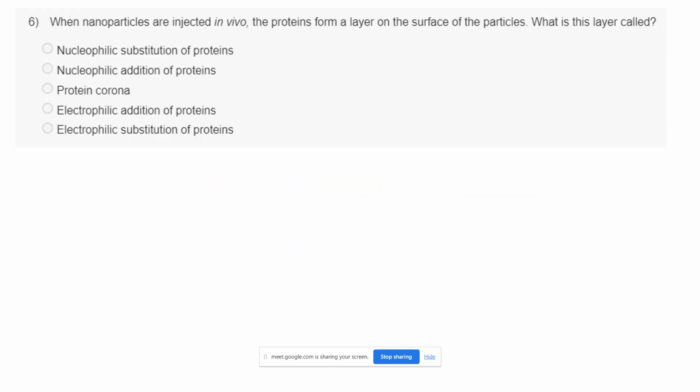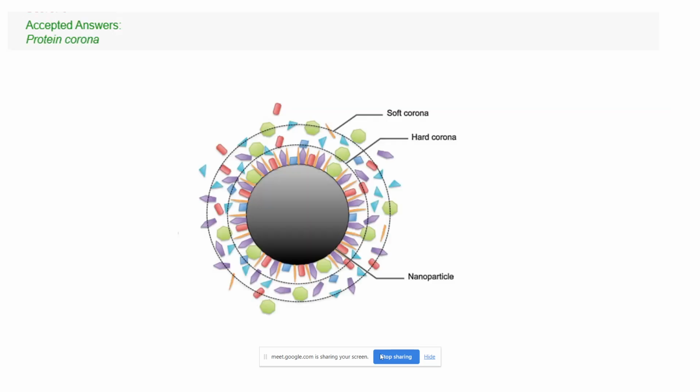The next question was, when nanoparticles are injected in vivo, the proteins form a layer on the surface of the particles. What is this layer called? This layer is called protein corona. So this is how a corona is formed.